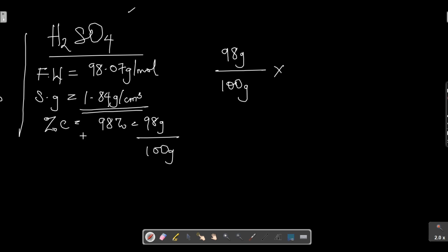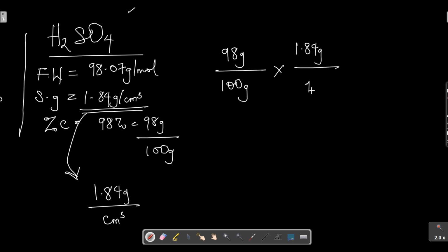When you see this specific gravity, it says 1.84 grams per cm cube. That means for every cm cube, the specific gravity is 1.84 grams. So we multiply it with 1.84 grams per cm cube. Now you multiply everything together.